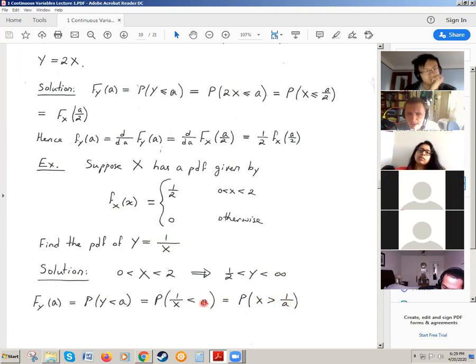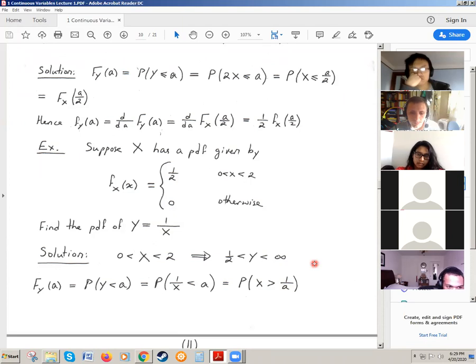They are positive numbers, you see. So y has to be a positive number, obviously, right? Because y is 1 over x and x is between 0 and 2. So if 1 over x is less than A, x must be bigger than 1 over A. And this is not a function I like to deal with.